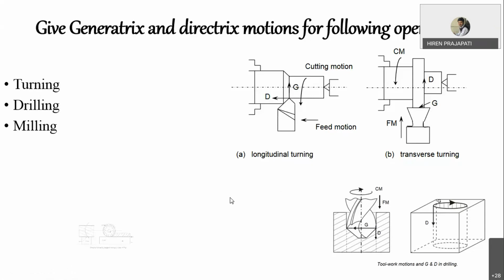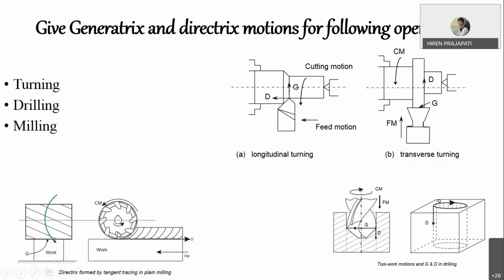In case of milling, if you look, this is a multi-point cutting tool in milling operation. This is the front view and this is the side view. Here you can clearly see I want to produce a flat surface, and then I rotate this multi-point cutting tool. This rotation is causing shearing. You can see these shearing curves.